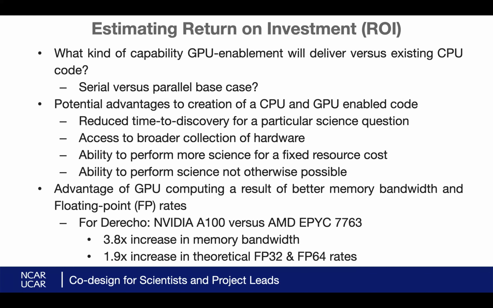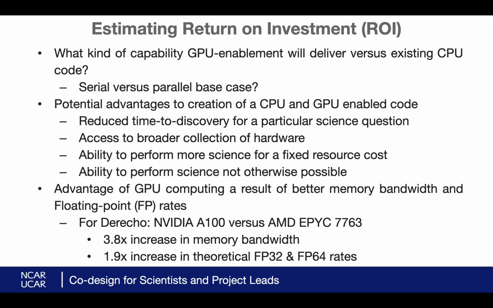There is quite a lot of non-CPU compute hardware out there, particularly at large scale at DOE laboratories. Ability to perform more science for a fixed resource cost, so think about shrinking the footprint that you need to run. And ability to perform science that would not otherwise be possible. It's a really nice feature if that's the case.